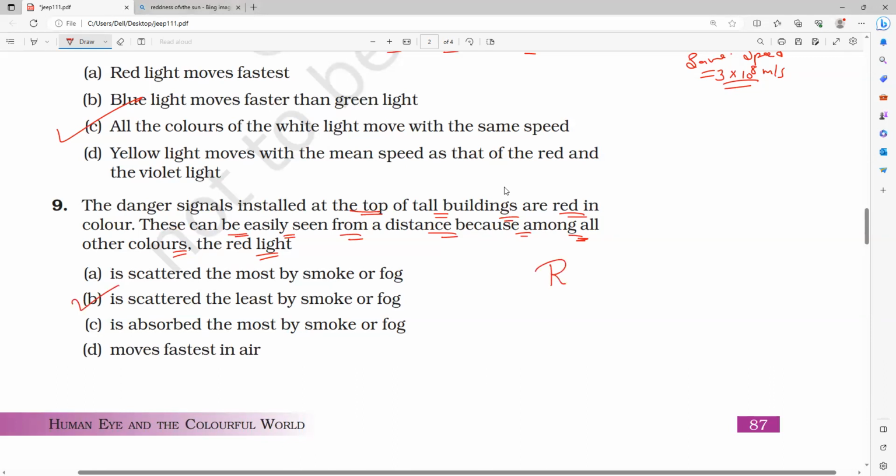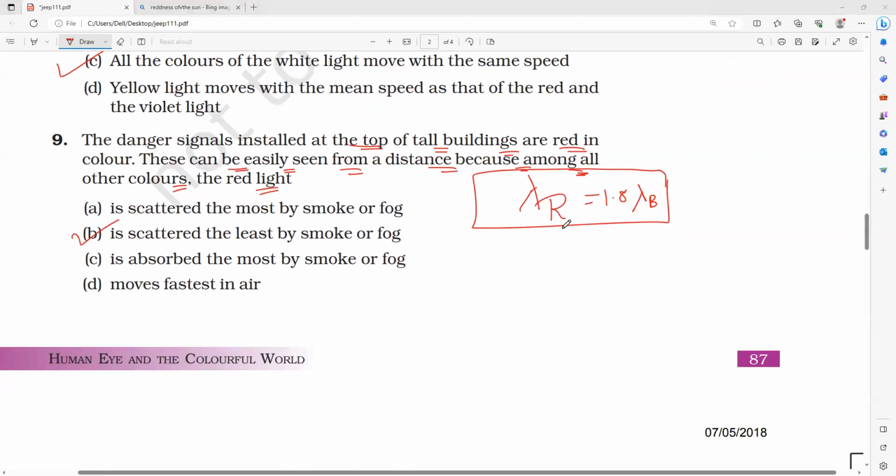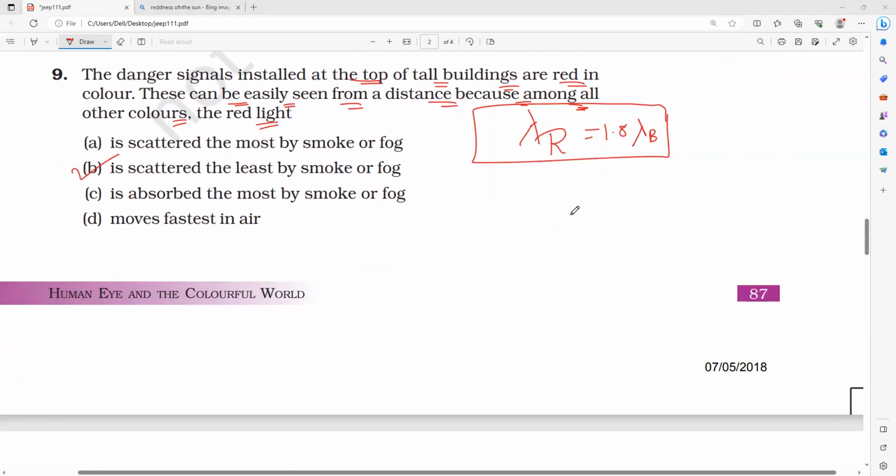The wavelength of red light is 1.8 times greater than that of blue light. It is there in the NCERT book also. So red light will be scattered least and will appear red. That is what you have to remember.